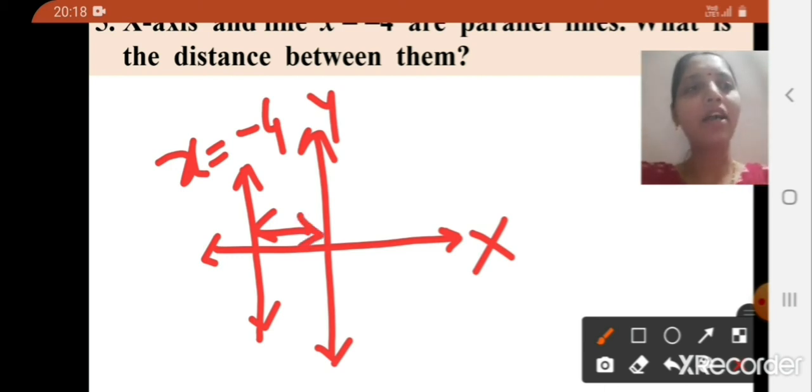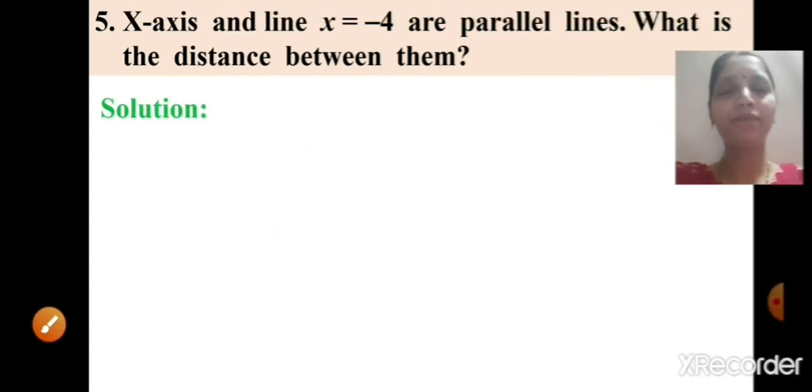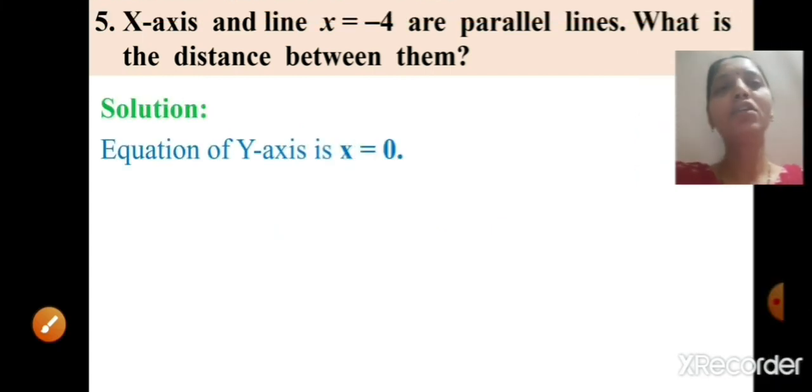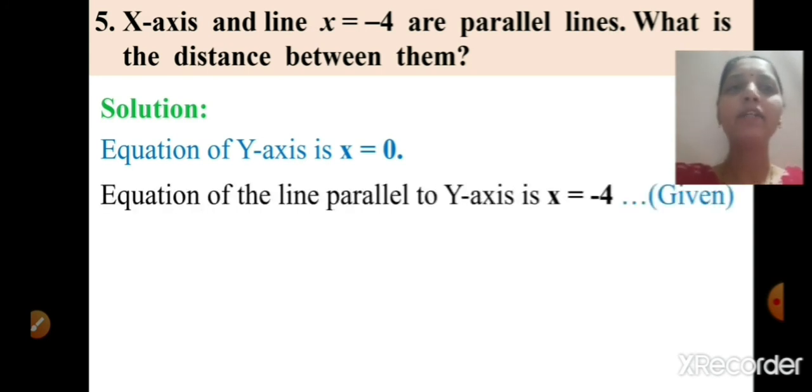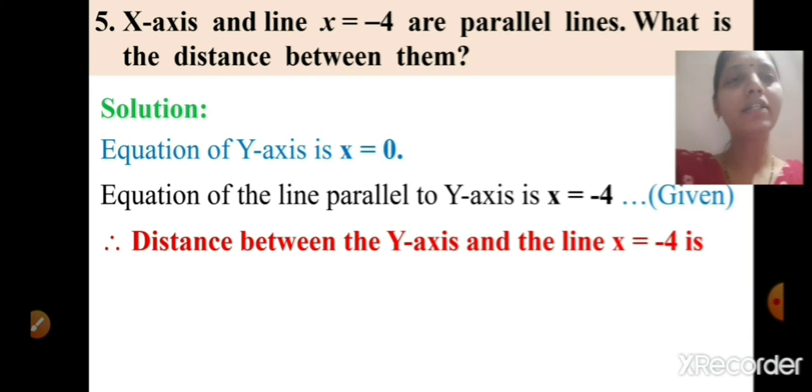So let's start with the solution. The equation of the y-axis is x is equal to 0. The equation of the line parallel to the y-axis is x is equal to minus 4, it is given to us. Therefore, the distance between the y-axis and the line x is equal to minus 4 is, now here we have two coordinates, 0 and minus 4.